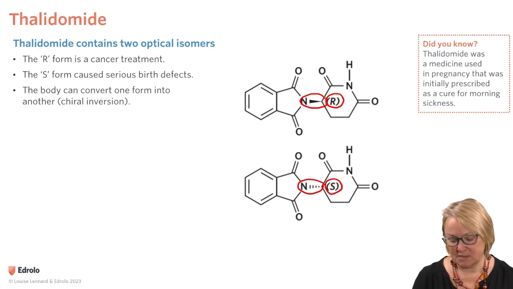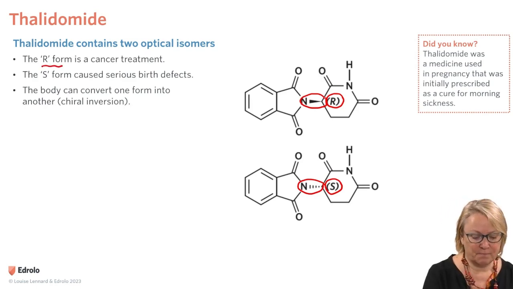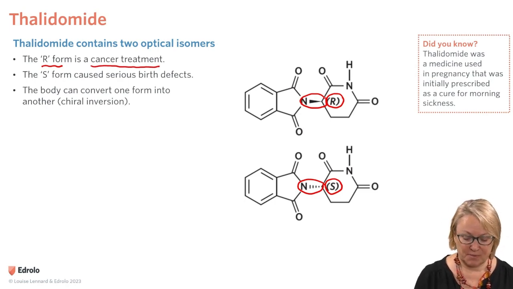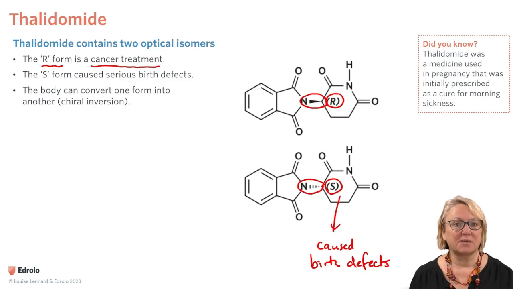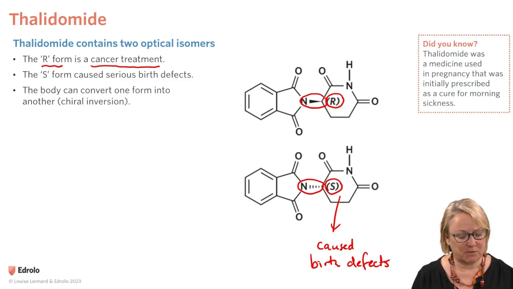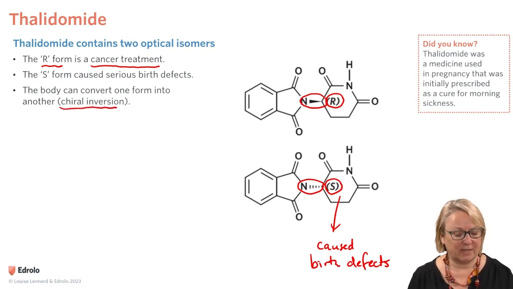And that's the only difference between these two optical isomers. The R form is actually a cancer treatment, so has some use. But the S form, this caused birth defects, serious birth defects. And unfortunately, sometimes you can have conversion from one isomer to another optical isomer called chiral inversion, and the body can actually convert the cancer treatment into this serious defect version.